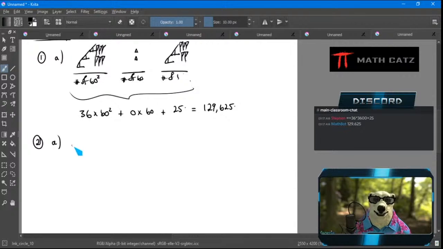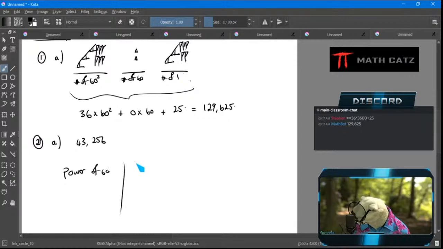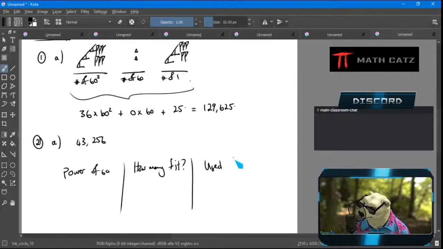Now I want to do just one of the other directions. So I have 43,256. Nothing's changing. I know how I'm going to do this. I'm going to look at powers of 60. I'm going to see how many times it can fit. I'm going to see how much I've used, and I'm going to see what's left.